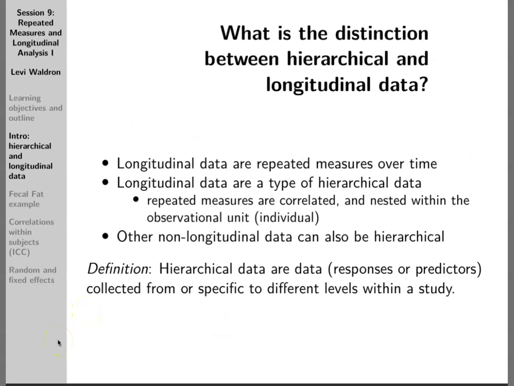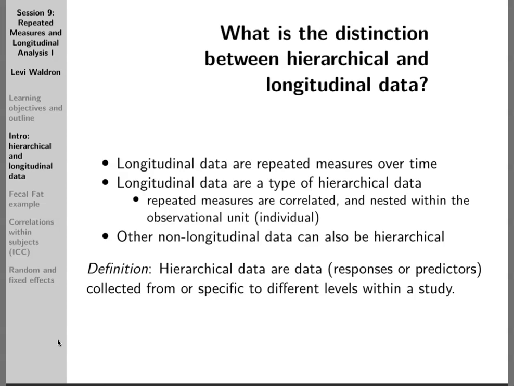So what is the distinction between hierarchical and longitudinal data? Well, really the only distinction that we make here is that longitudinal data are measures over time, but that is a type of hierarchical data in that we have repeated measures on the same unit over time.